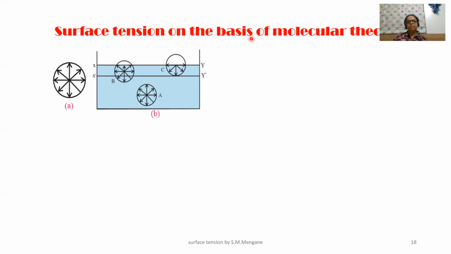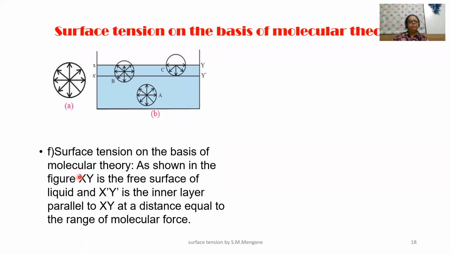Now surface tension on the basis of molecular theory. As shown in the figure, xy is the free surface of the liquid, and x dash y dash is the inner layer parallel to xy at a distance equal to the range of molecular force.